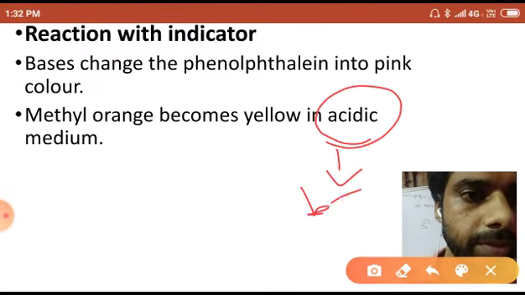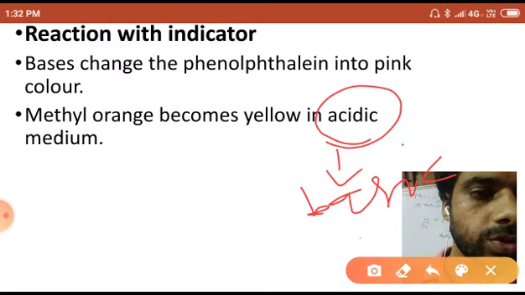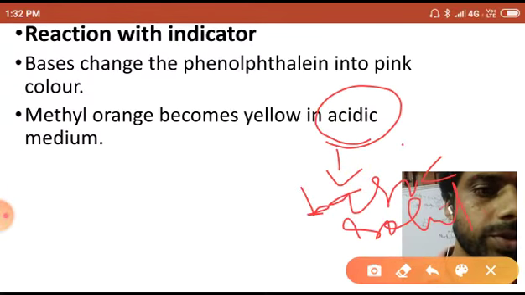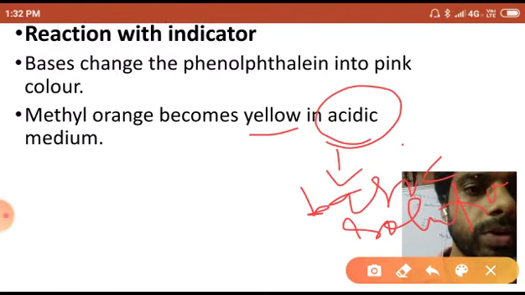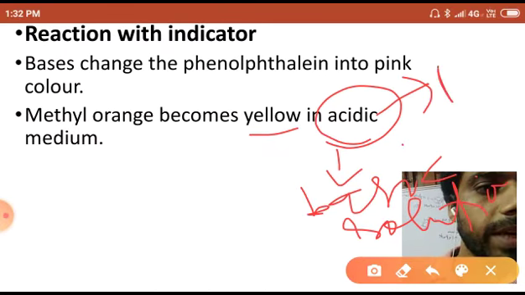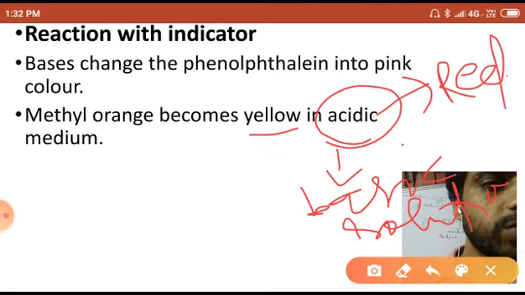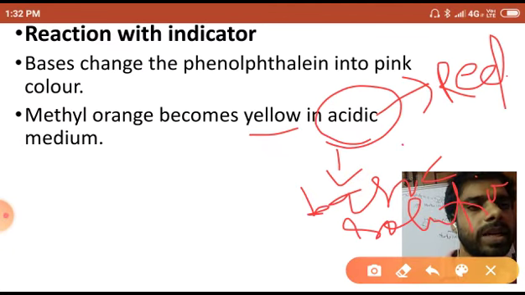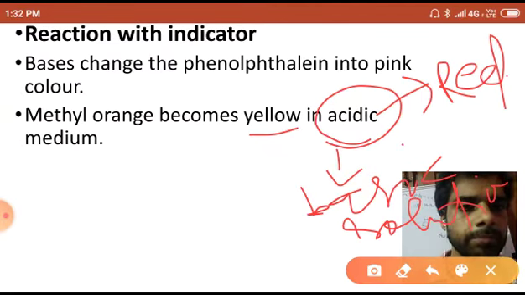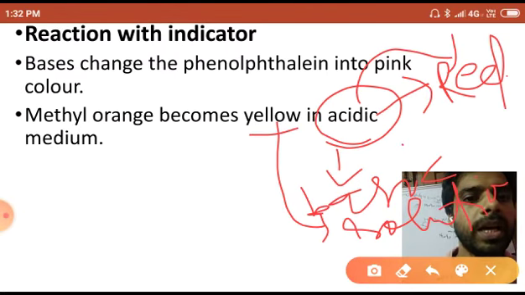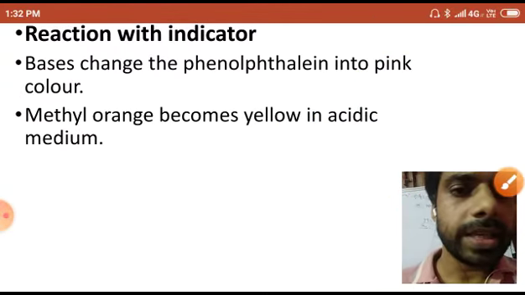In the basic solution, it will change into yellow color, but in the acidic solution, methyl orange changes from orange to red color. So you have to note this down: yellow color in the basic solution, and red in the acidic solution. You can understand that.